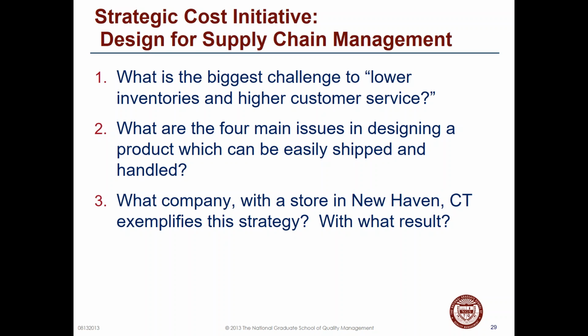Because design complexity affects your performance both in the new product development cycle and throughout that demand fulfillment cycle. Studies have shown that product structures with fewer end items and fewer levels in their bill of material are associated with lower inventory and higher customer satisfaction. Again, a good example is IKEA, right? And then what are the four main issues in design product?